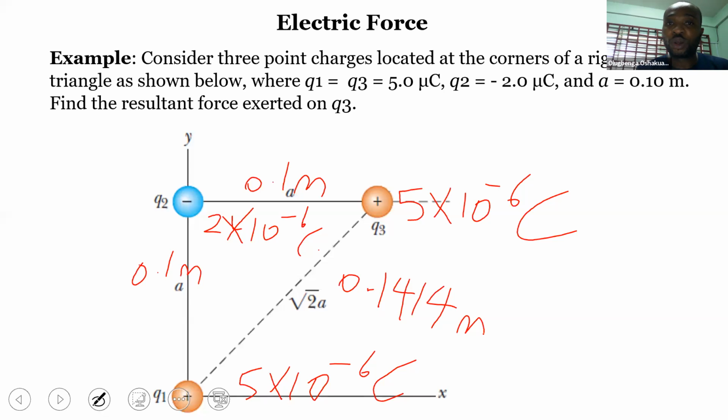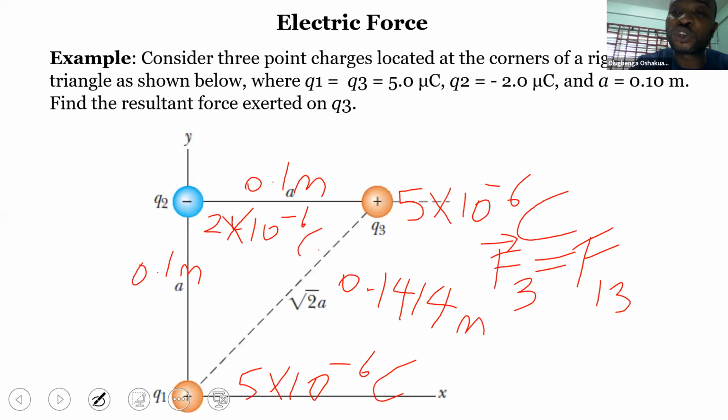So the question says, find the resultant force acting on Q3. The force acting on Q3, that is F3. Force is a vector, and that force will be equal to the force of Q1 acting on Q3 plus the force of Q2 acting on Q3.